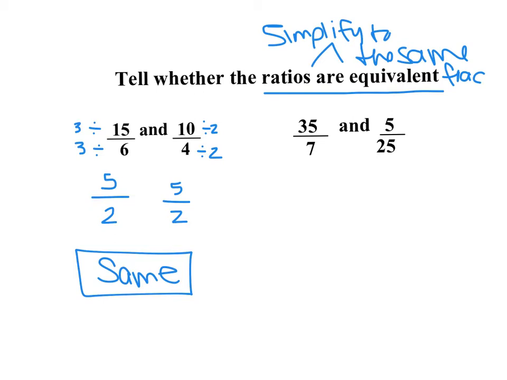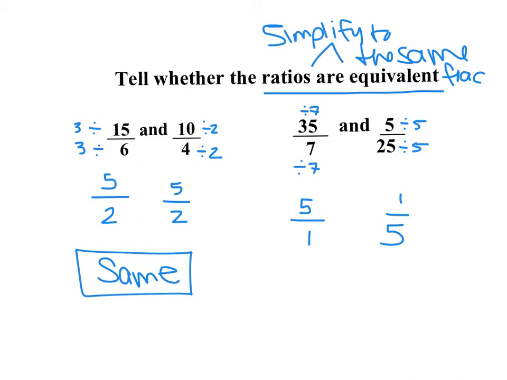If I look at this next one here, what I notice is that 35 and 7 are both divisible by 7. So 35 divided by 7 is 5, and 7 divided by 7 is 1. If I look at this next one, they're both divisible by 5, so I get 1 over 5.